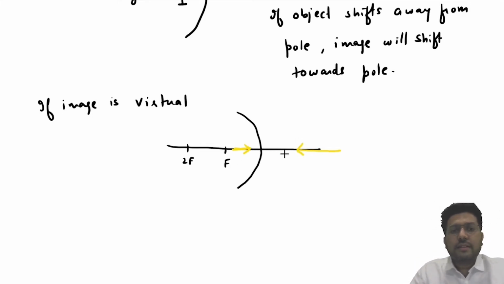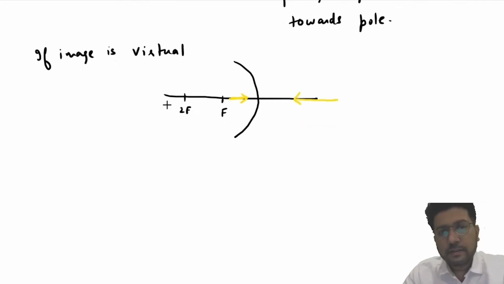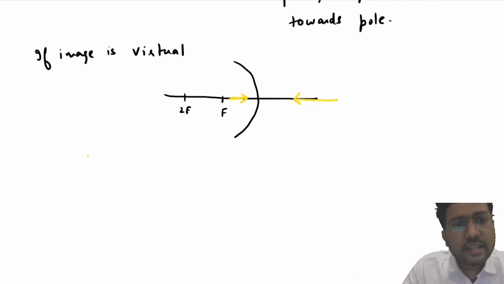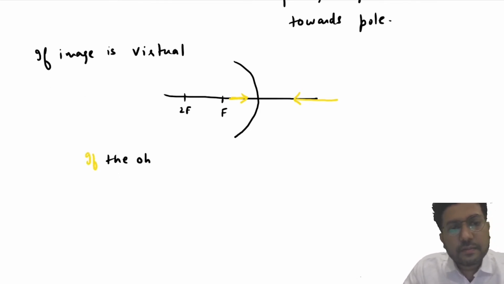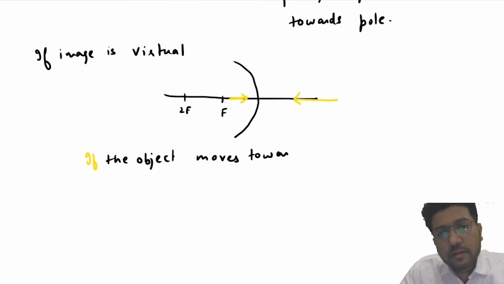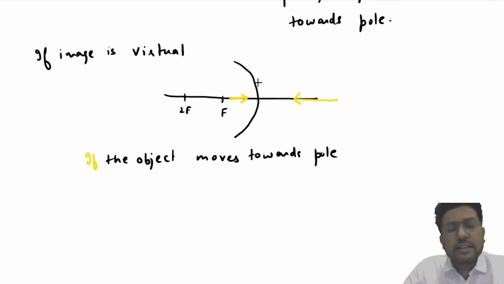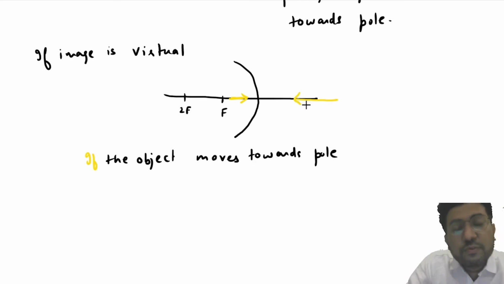All right. Now listen carefully. Now in this case, if the object moves towards pole, see, the basic thing is when object moves towards right, image moves towards left, right? So here the object moves towards pole, the image will also move towards pole.